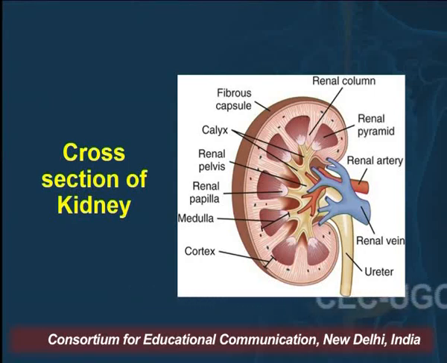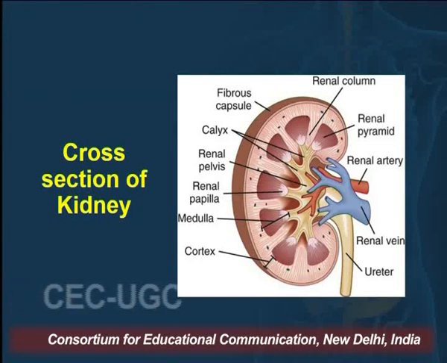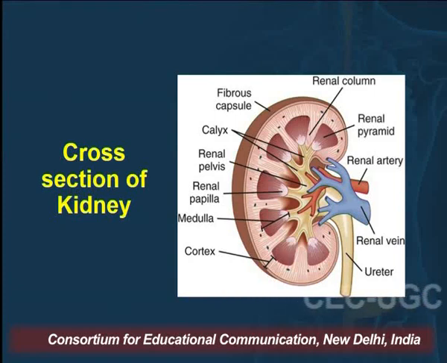Then the inner layer is called the cortex. We can see the medulla, the triangle parts, and we can also see the ureter. The triangle ones are also called the renal pyramids because they are shaped like pyramids. Now we will learn about all these parts in detail.